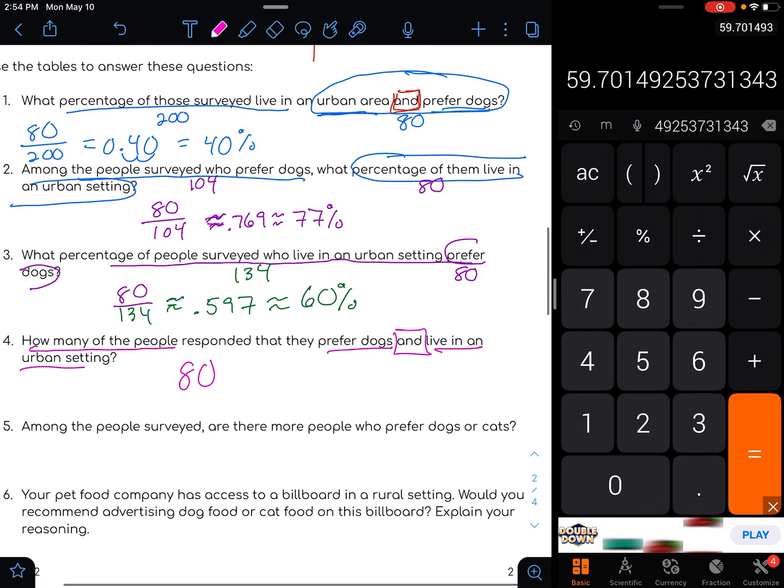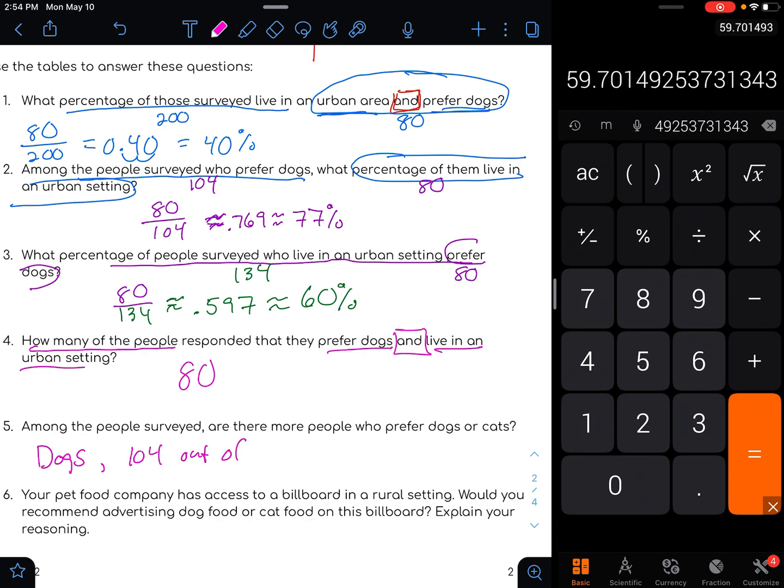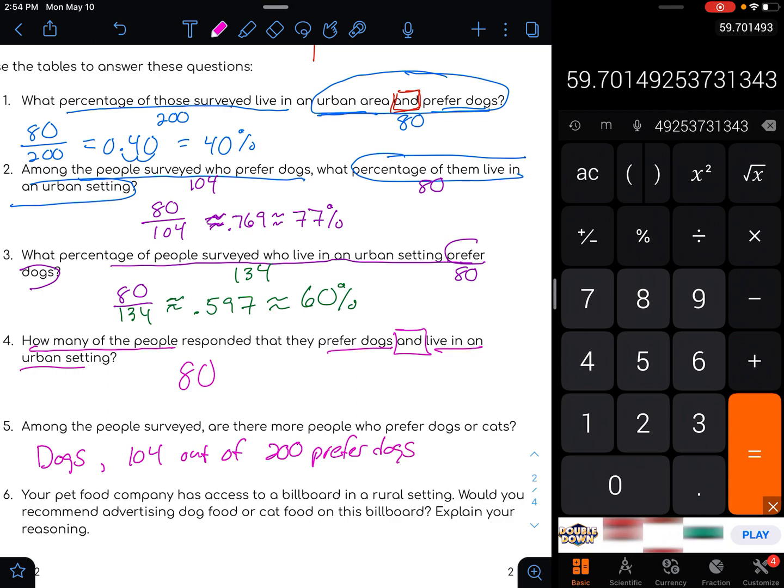So I guess technically we'd say dogs, 104 out of 200 prefer dogs, compared to 96 out of 200 who prefer cats. So a few more dog people than cat people, but not by much.